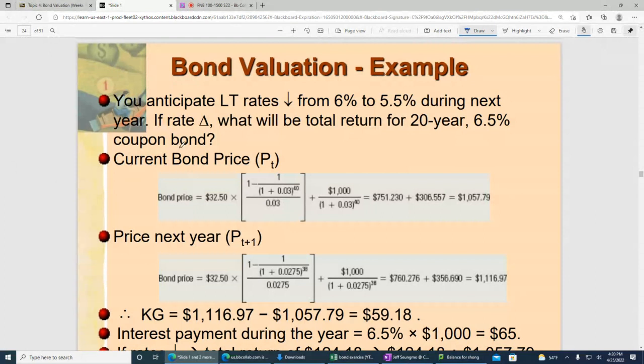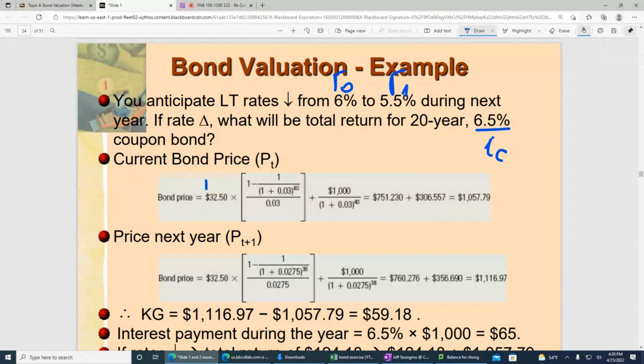If the rate changes, what will be the total return for a 20-year 6.5% coupon bond? This is the coupon rate. The discount rate is currently 6%, but in the future it changes. So first of all, what's the current price of the bond?